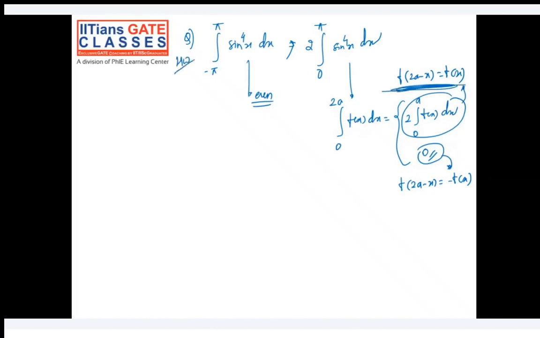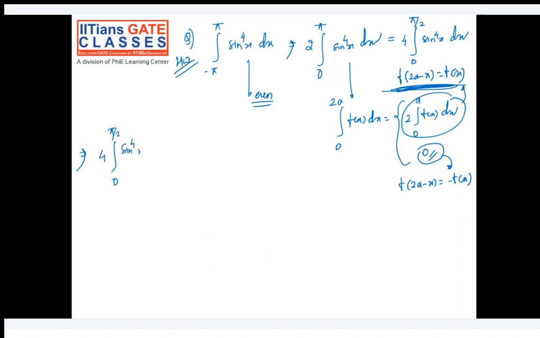Ultimately, what you can do is write it as 2 times integration 0 to pi by 2. Sorry, 2 into 2 is 4 now. 4 times integration 0 to pi by 2 sin raised to the power 4x dx, and you know how to solve this.